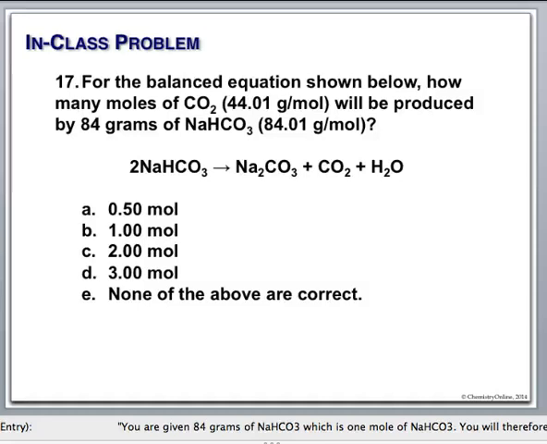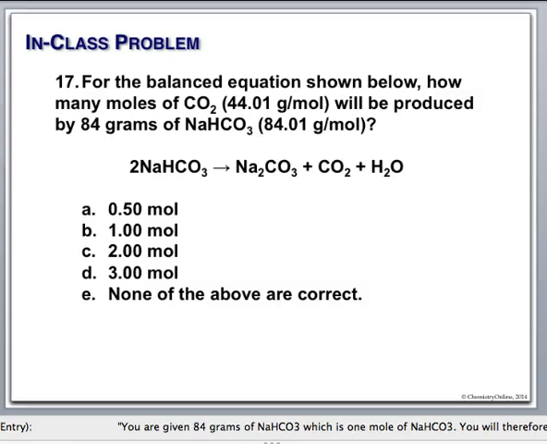We're looking for how many moles of carbon dioxide we're going to get if we have 84 grams of bicarbonate. Well, how much does 1 mole of bicarbonate weigh? 84 grams. Right? So we have 1 mole of it.